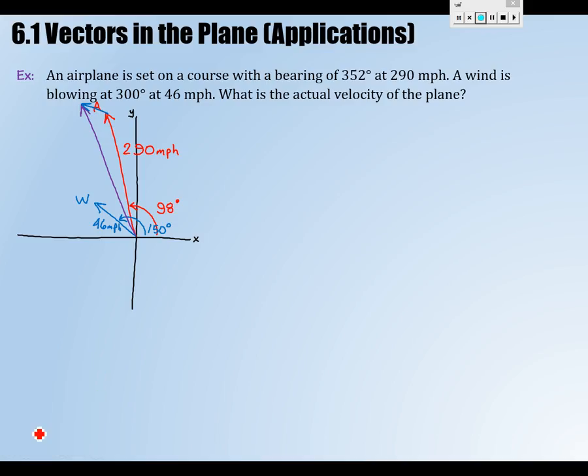Write these in component form, each one, and then add them and see if we can come up with that purple vector. So airplane.